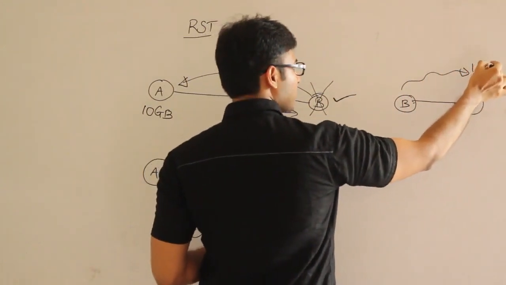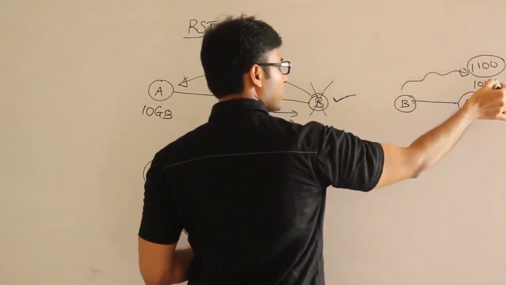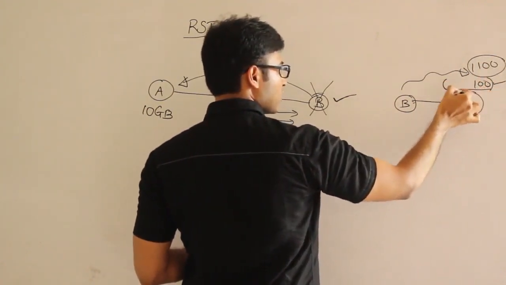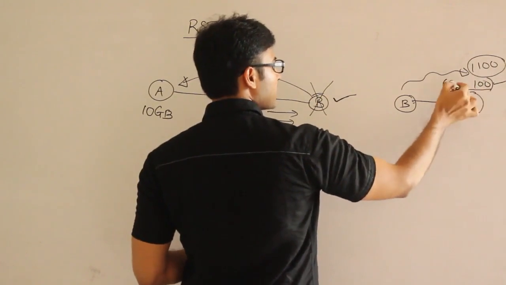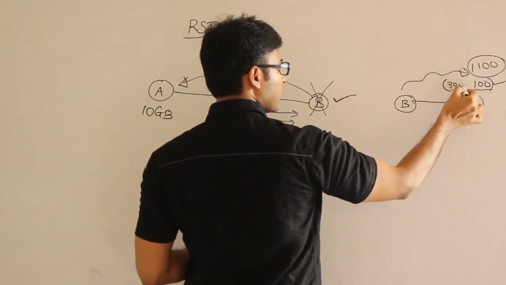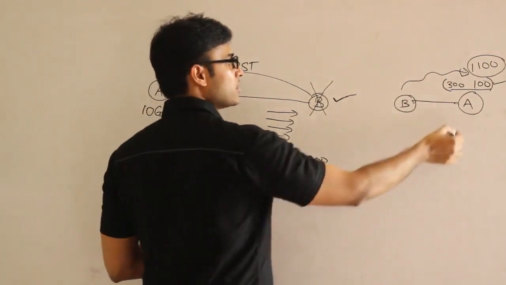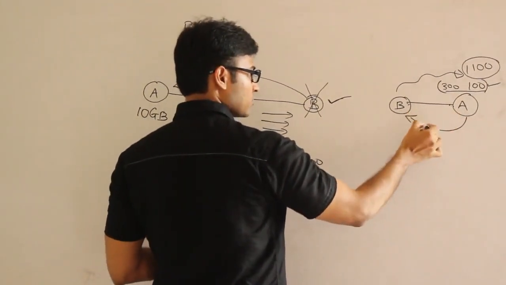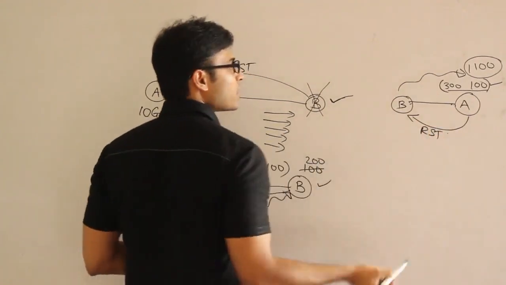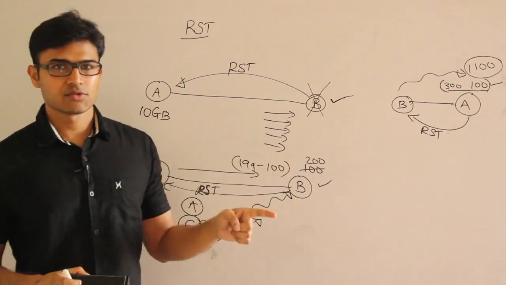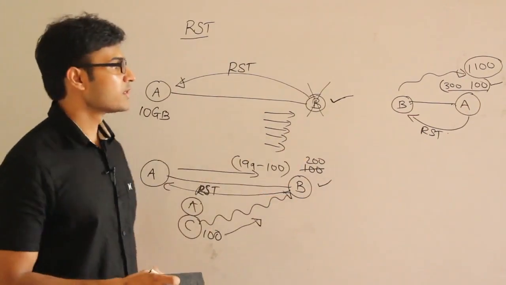Let us say it will suddenly send 1100. If A is expecting 100 and has a window of, let us say, 200, then it can expect anything from 100 to 300. But getting a number like 1100 is very strange. So if any such strange things happen, then it is going to send reset. We are not worried about the reasons why such strange things are happening, but if any such strange thing happens, then we are going to send reset.